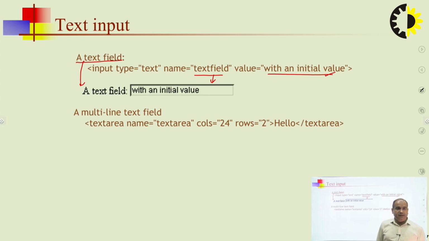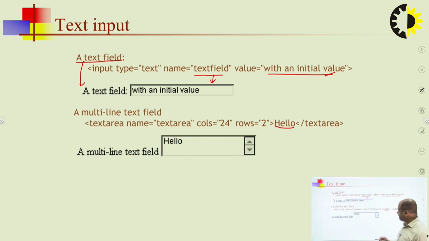Here we represent rows and columns for our textarea. The number will be given in pixels. Here columns will be 24 and rows will be 2. So the value which will appear in the text box is hello, and it will be inside the closing textarea tag.